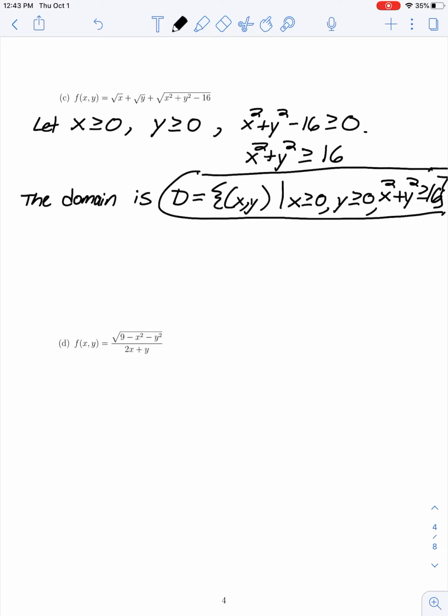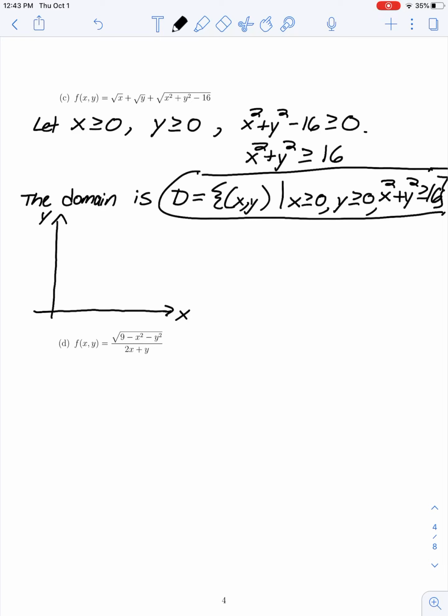Now, to visualize our domain for this function, let's consider what part of the xy plane that we're working in. So we're told from our domain that x and y must both be non-negative. So we're only considering points in the first quadrant of the xy plane, where x and y are both at least 0.